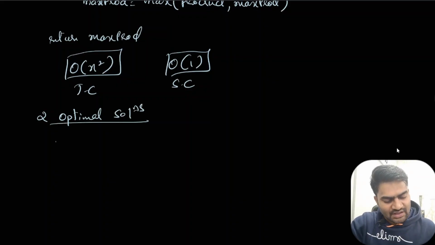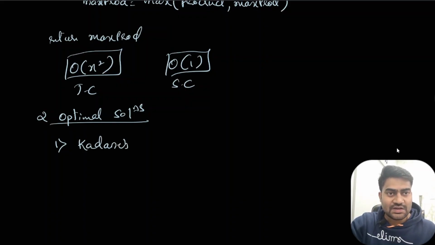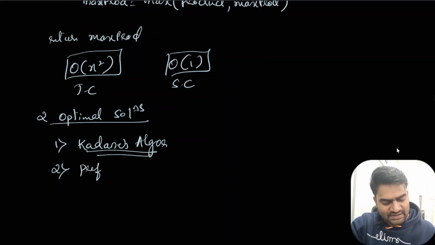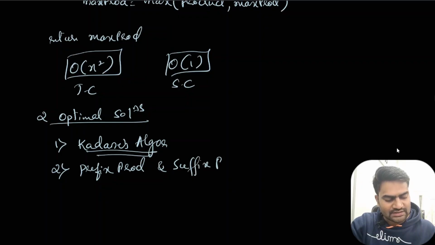One is the Kadane's algorithm, what we discussed for the maximum subarray sum. So that is basically our Kadane's algorithm, right? So there is a Kadane's algorithm like solution, that is one solution, and there is another one which uses a single iteration only, but we will try to find the prefix product and the suffix product.